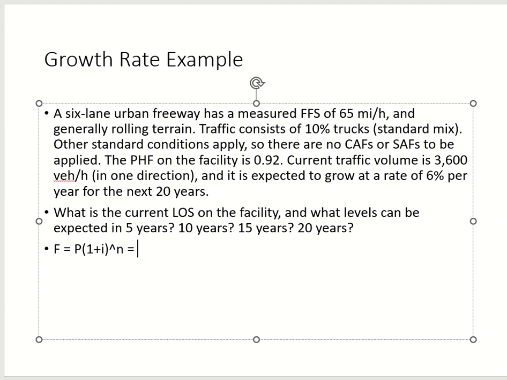P is current. Give me the value for 5, 10, 15 and 20 years. F5: 4818 vehicles per hour. F10: 6447.